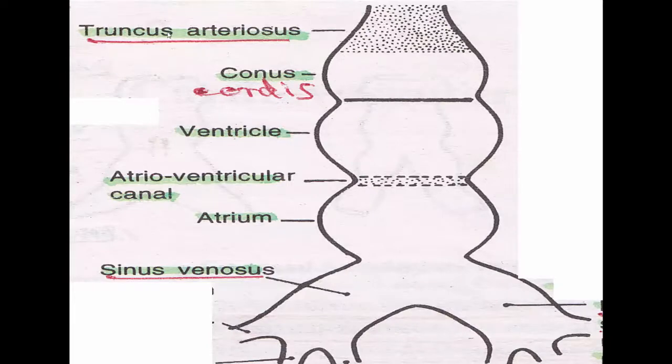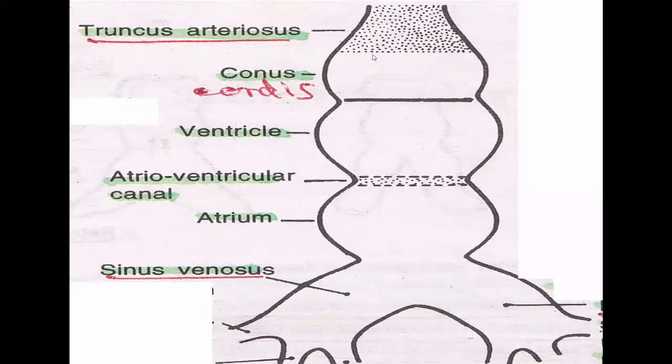The distal end is known as the truncus arteriosus, and the proximal dilatation is known as the conus cordis. So bulbus cordis will become conus cordis and the truncus arteriosus, as I told in my last lecture. And I'm again telling that this is the arterial end and this is the venous end. This is a heart tube.